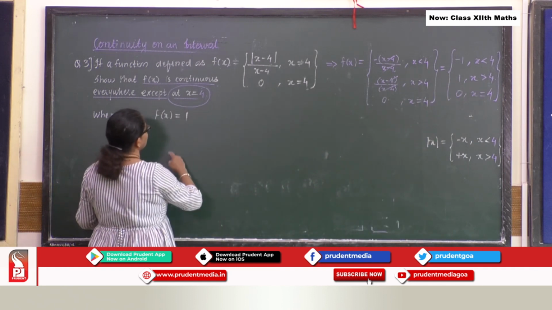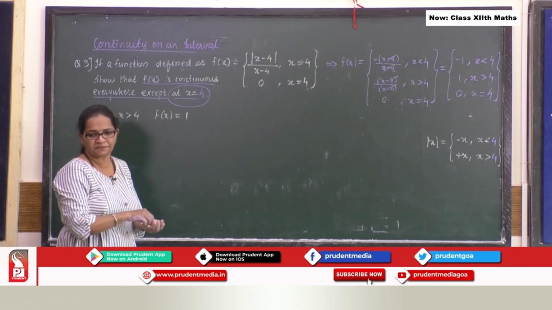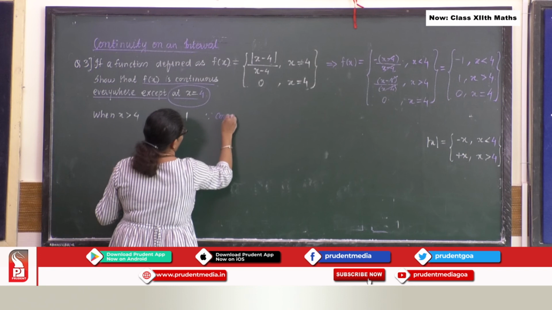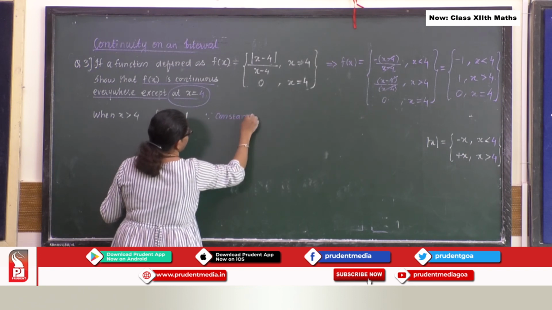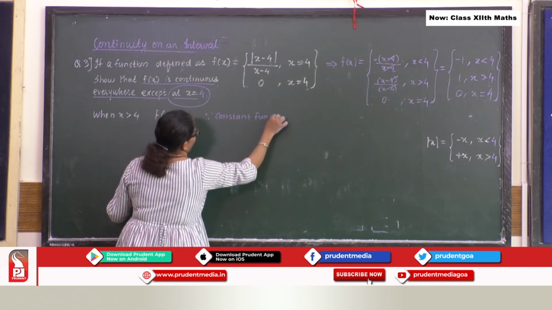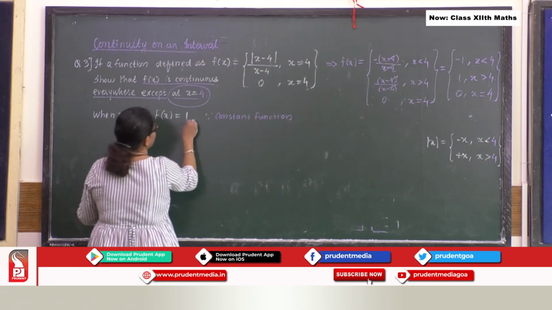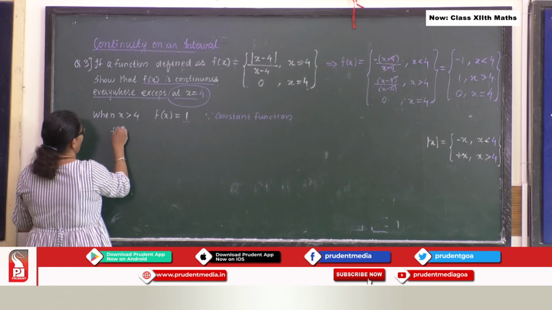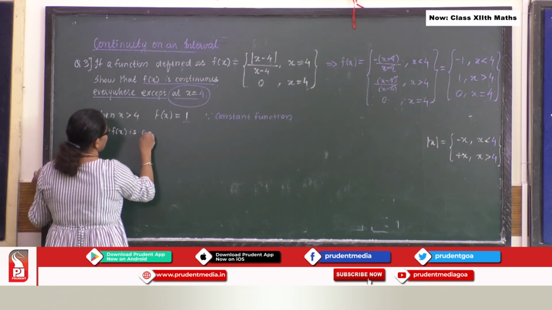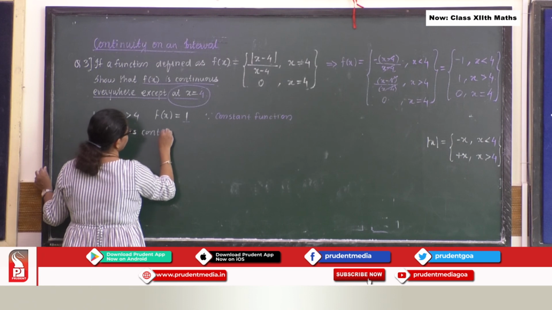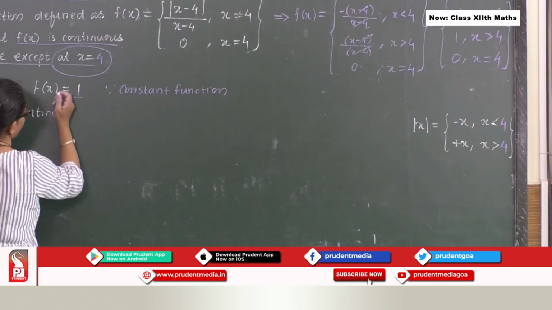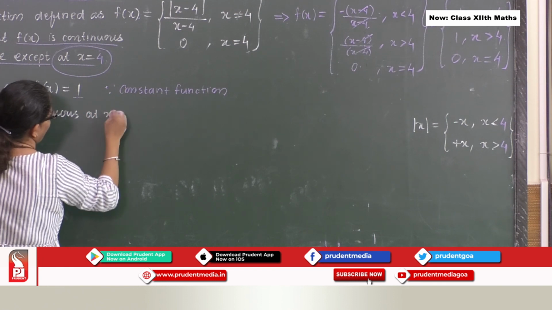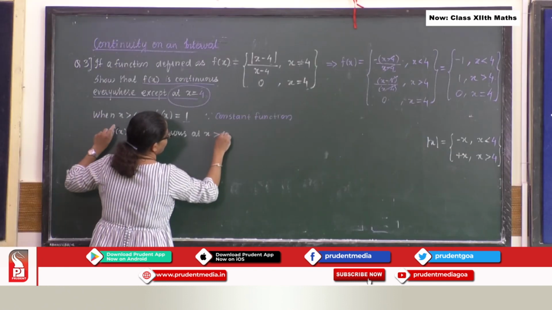You can see here, for x greater than 4 you get 1. So since it is a constant function, f of x is continuous for x greater than 4.